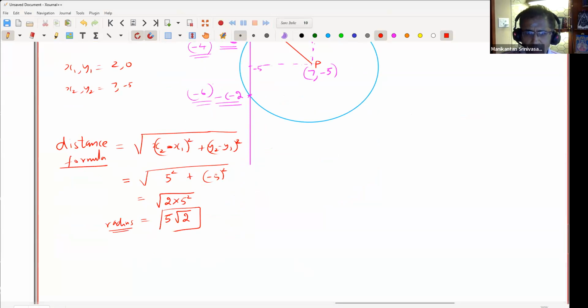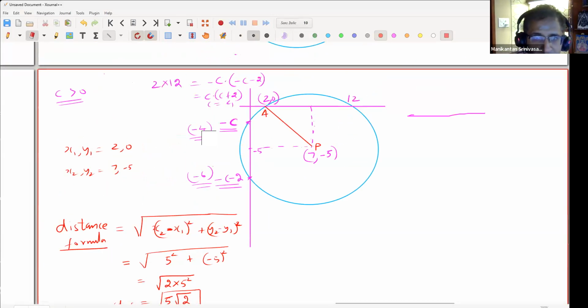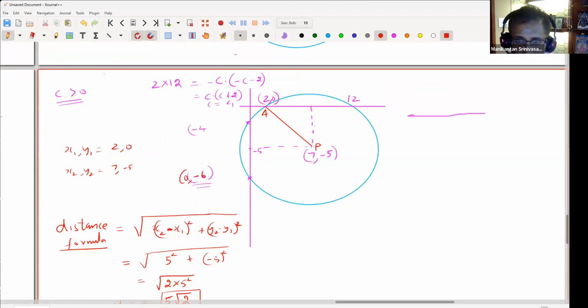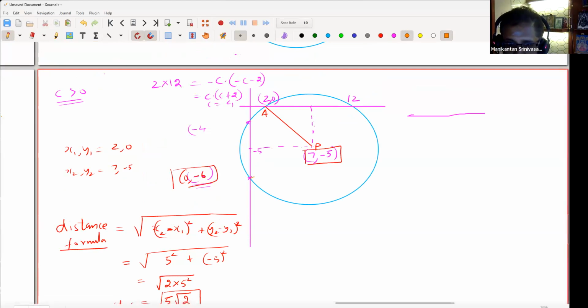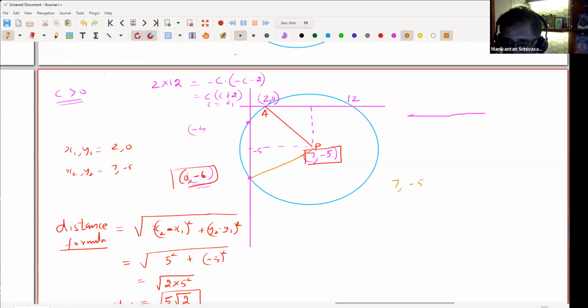Okay, now I can use the distance formula between any 2 points. In fact, let's intentionally use the distance formula between this point and this point. So this is 0, minus 6, right? So let's try to get the same answer. If you find the distance between the center and this, we have 7, minus 5 on one hand and 0, minus 6 on the other hand.